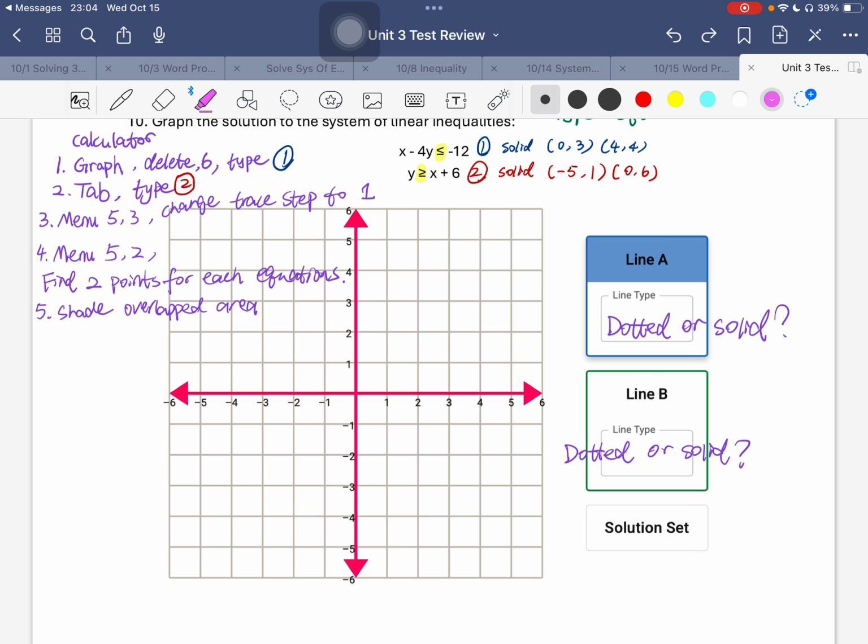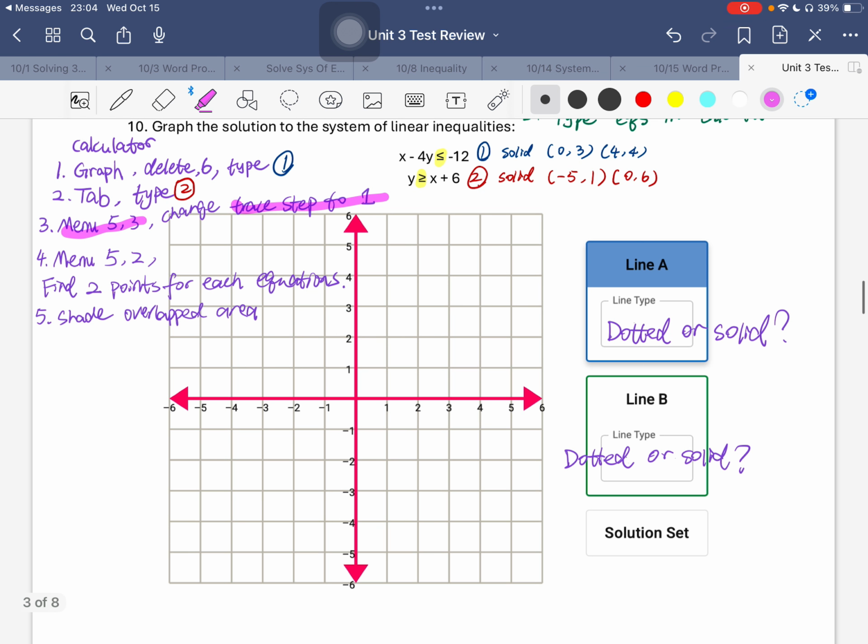Now let's go to step 3, menu 5.3, change the trace step from automatic to 1. Then menu 5.2, step 4, you need to find 2 points from each inequality.